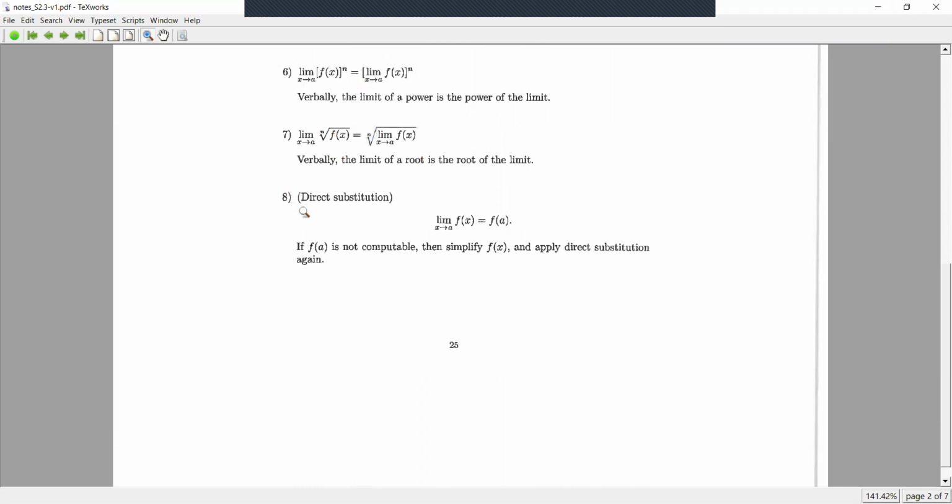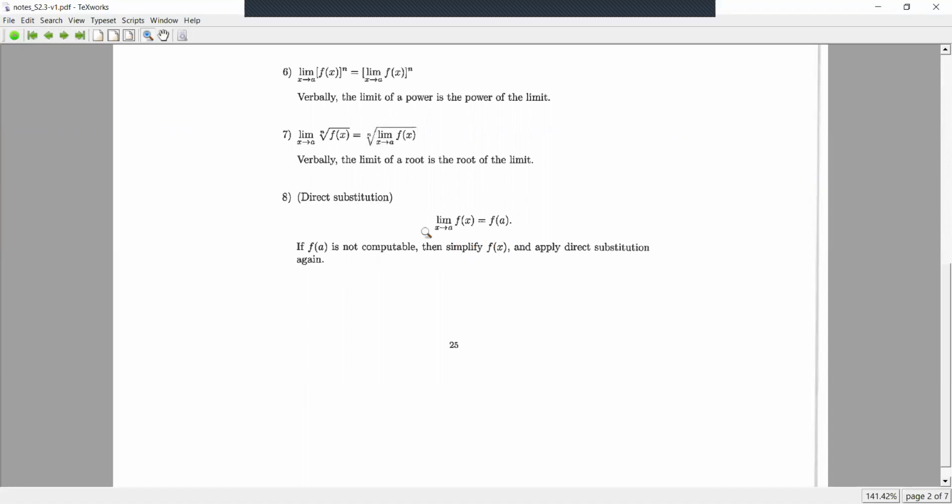Law number eight. Law number eight is the most powerful law. This law is much more powerful than the laws above. Because this law is so powerful, the book gives it a special name. The book calls this law direct substitution.